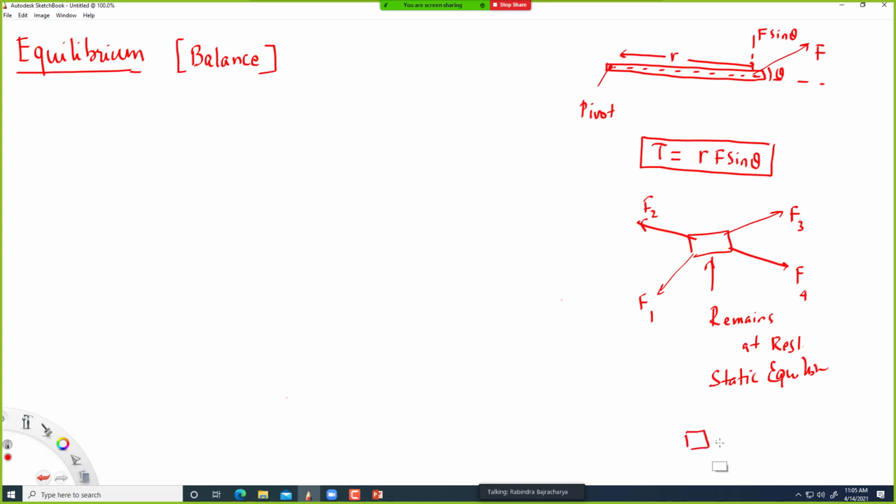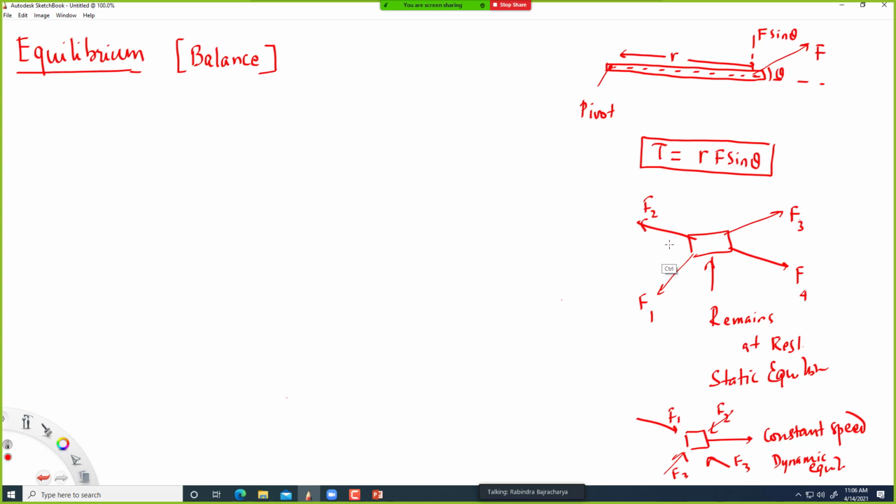Likewise, if an object is moving and you apply a bunch of forces at different points, and as a consequence the object moves at constant speed, then this object is said to be in dynamic equilibrium. We talked about that last time, just a review. Again, static equilibrium is when the object doesn't move, whereas dynamic equilibrium is where the object moves at constant speed.